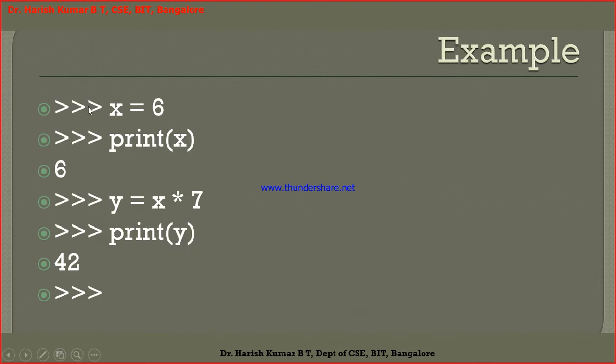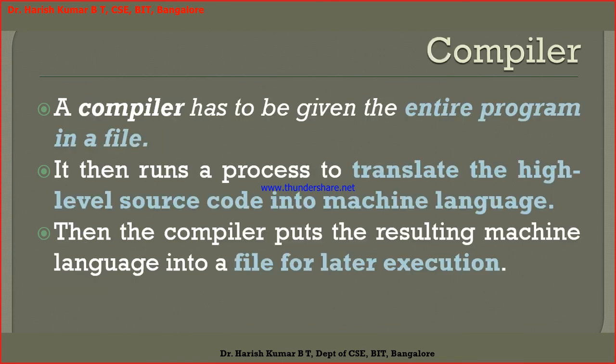So example here. Say I say x is equal to 6 and print x, it prints me 6. And then y is equal to x into 7. X value is already defined, 6. It will multiply, and when I say print y, it prints me 42. Every time you write something and hit the enter key, it is accepting, processing and giving you the response. And the same thing happens even when you are writing it in the form of a script.